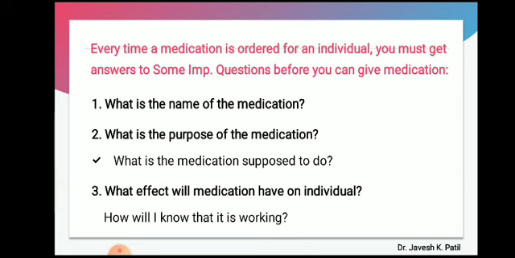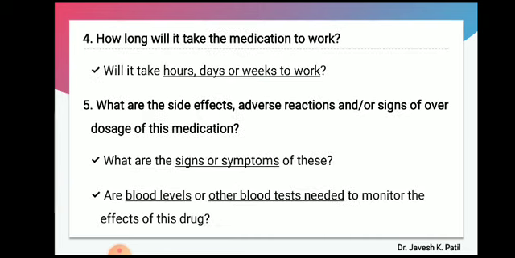What is the name of the medication, what is the purpose of the medication, what are the effects of the medication on the patient. Then another question: how long will it take the medication to work, the time duration needed to get the complete 100% cure.